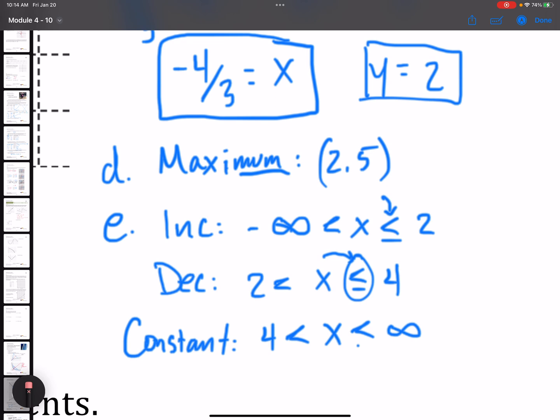I probably wouldn't even take off a point. It's more of a formality than a matter of correctness, so you just need to be cognizant of this.